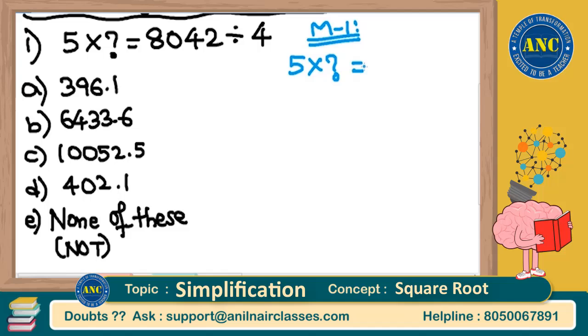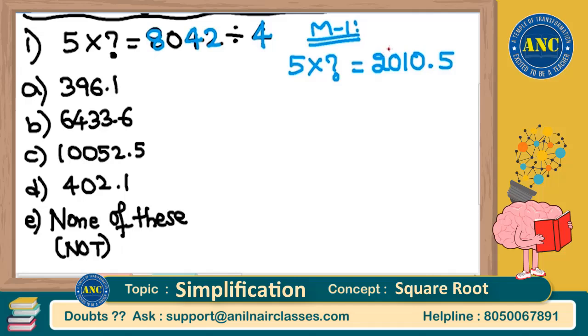You should be good in division in some cases, which we also discussed yesterday. 8042 divided by 4. 8000 divided by 4, forget about the 42, is 2000. 40 divided by 4 is 10. 2 divided by 4 is 0.5, that is 1 by 2. So 8042 divided by 4 is 2010.5.